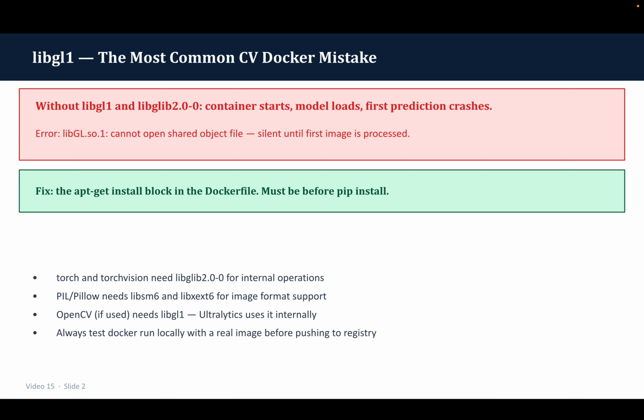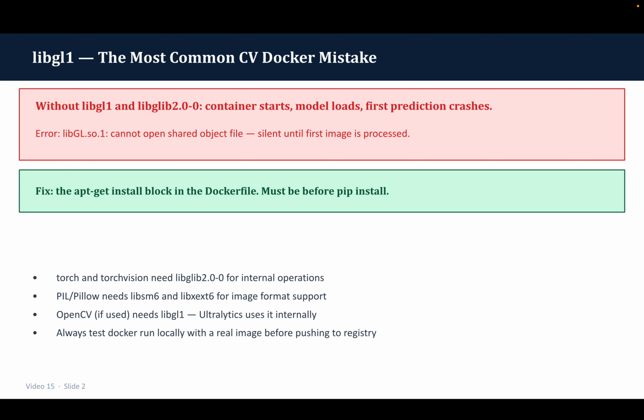These are important when you are running your CV model in a container, which is why we need to have those installed before we run pip install requirements.txt. PyTorch and torchvision need libGL for internal operations. Pillow or PIL needs libsm6 and libxext and the likes. OpenCV also uses libgl1. And always test Docker locally with a real image before pushing to a registry, even though we are not looking into pushing to a Docker registry.